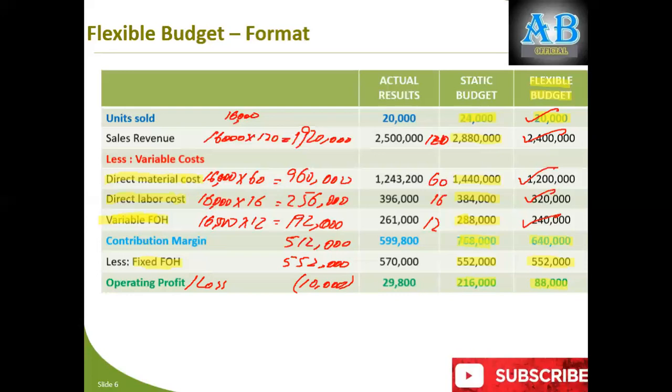But here this scenario will give you the plan that if you will produce only 16,000 units, you are a loss making organization. Okay. So this is the way how to prepare the flexible budget.